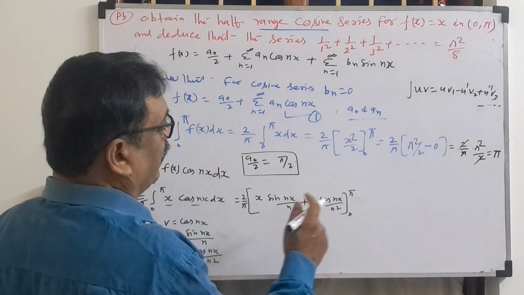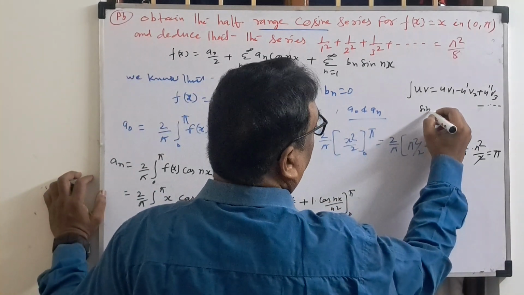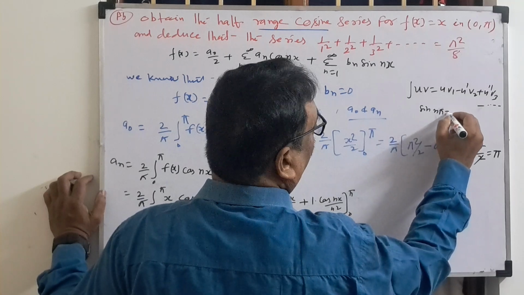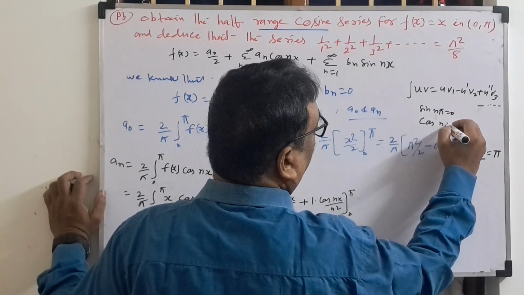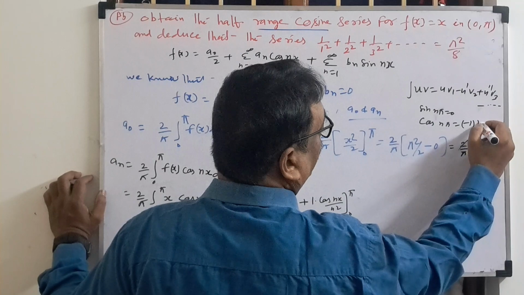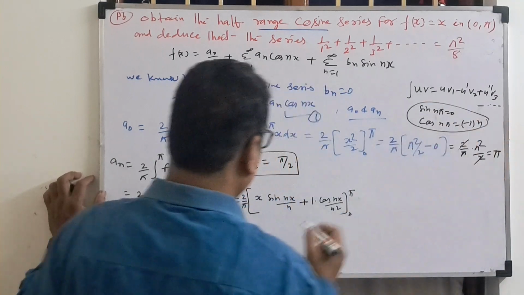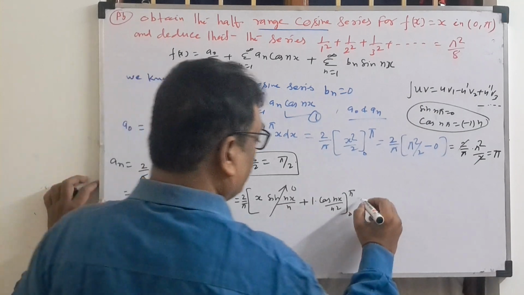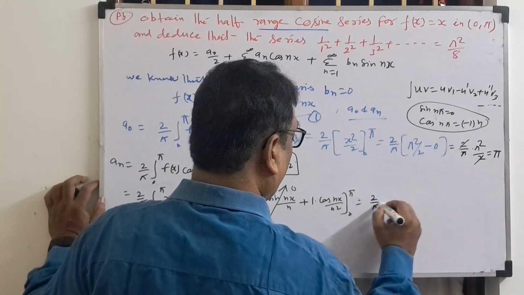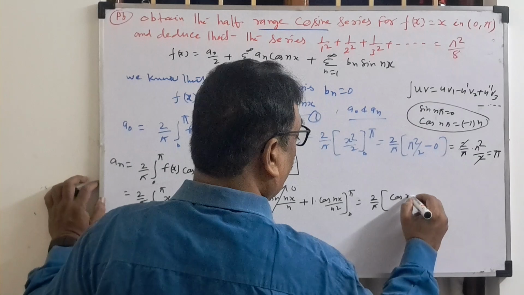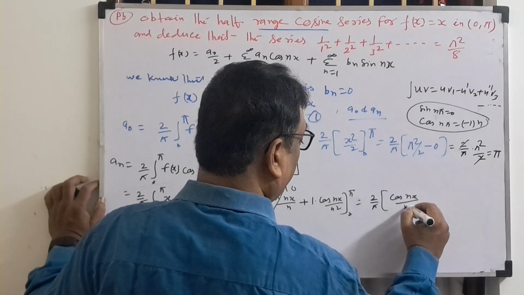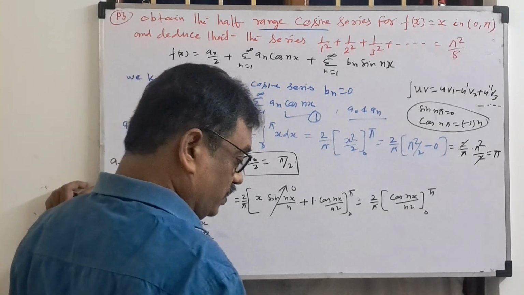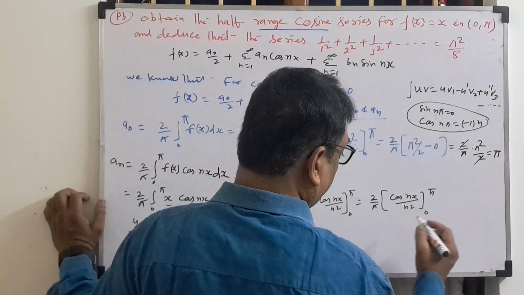Already you know sine n pi equals 0, and cos n pi equals minus 1 power n. The sine term directly gets 0. So what remains is 2 by pi cos nx by n square. Now we'll apply the limit 0 to pi. So what will be there here?